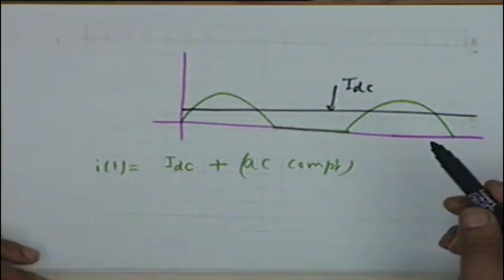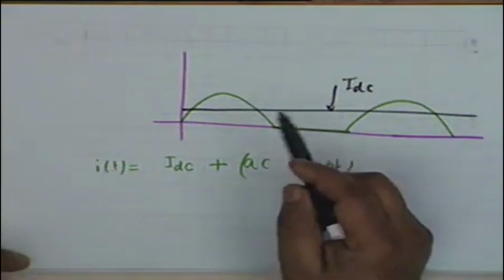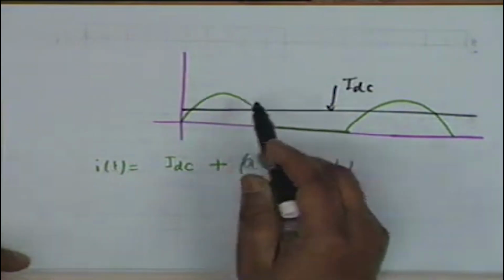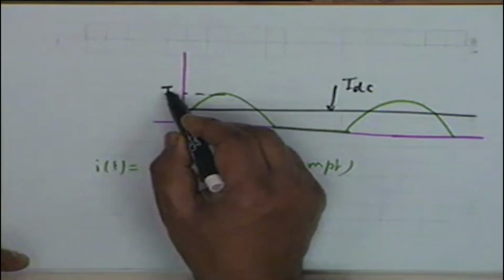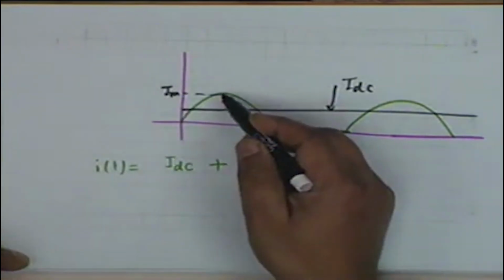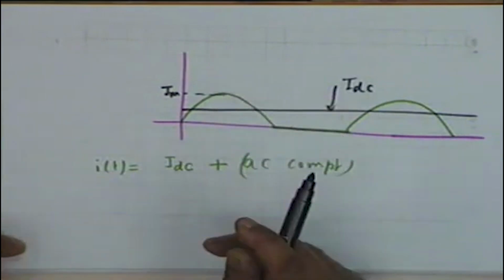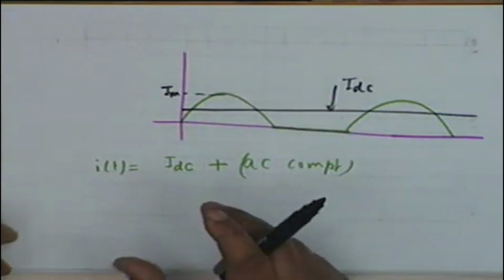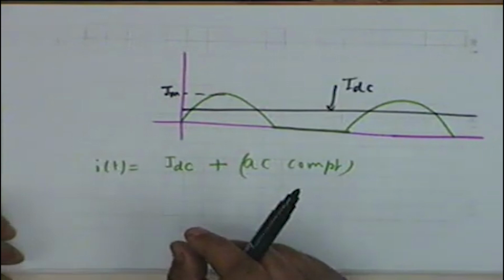The ripple is defined as maximum value minus minimum value. Obviously the maximum value is Im and the minimum value is 0, and therefore the ripple current is equal to Im.